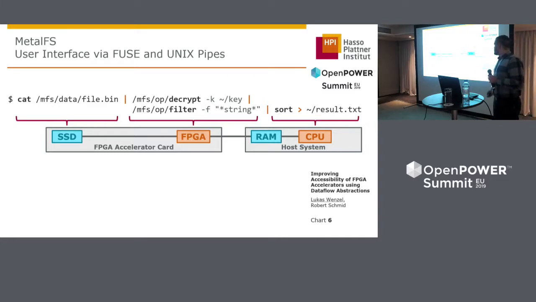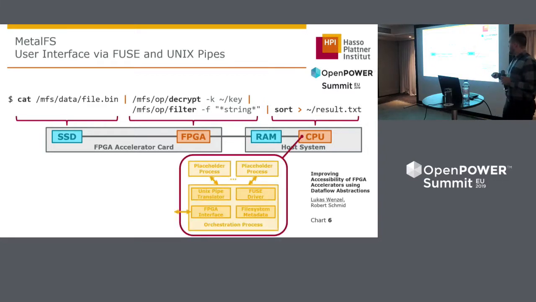Right. To make this possible, we have this one central process that manages this fuse mount point. And this one has quite a variety of tasks. On the one hand, it is the primary owner, so to speak, of the FPGA card. So it holds the handle to all the SNAP and whatever copy context and controls the card via that path. But it also stores the file system metadata.